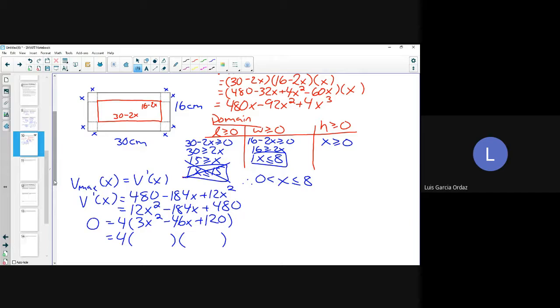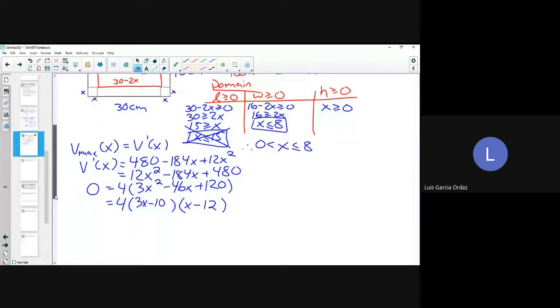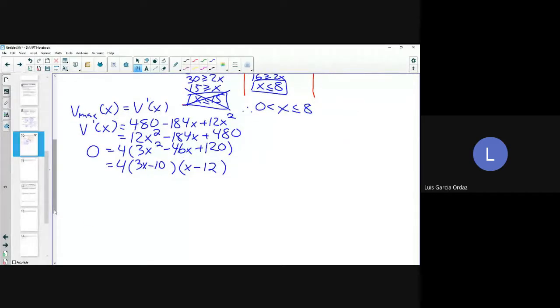Now you got 3x minus 10 and x minus 12. Does everybody agree? So what are my two possible x values at which my max can occur?